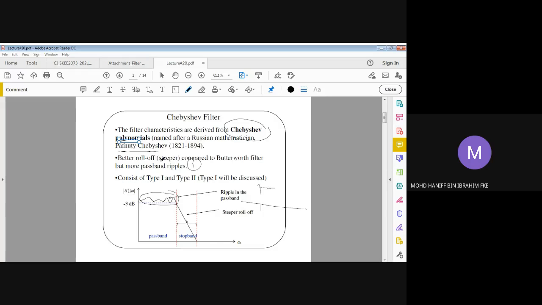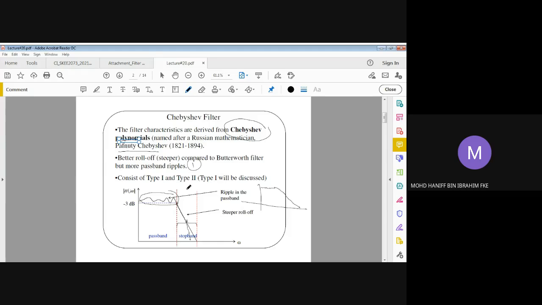The second comparison is the roll off from the passband to the stopband. For Chebyshev, it is steeper, compared to the Butterworth filter we did last time, which is less steep. So in terms of frequency selection, or cutting off frequencies, Chebyshev is better than Butterworth. Those are the two comparisons between Chebyshev and Butterworth filters.